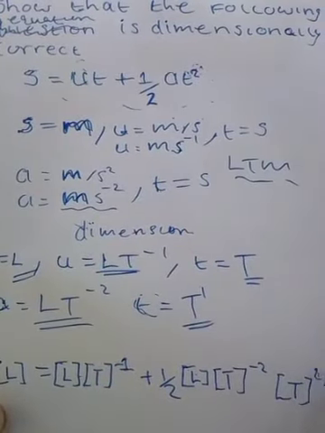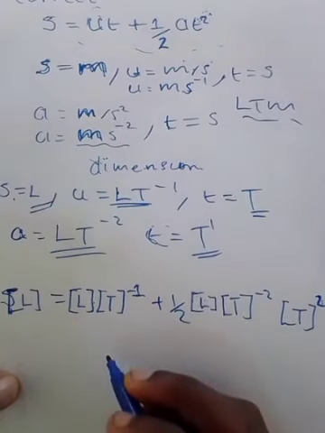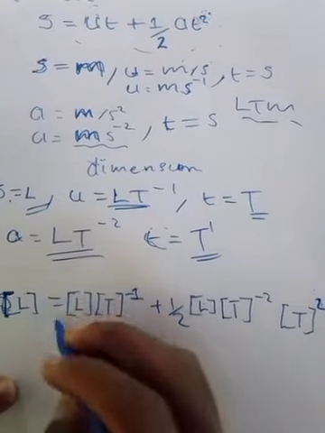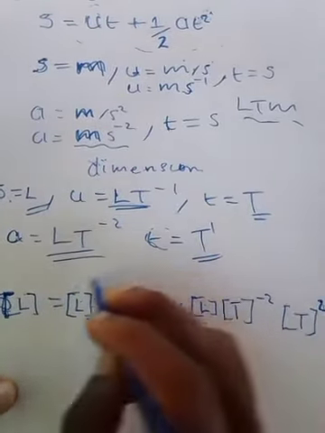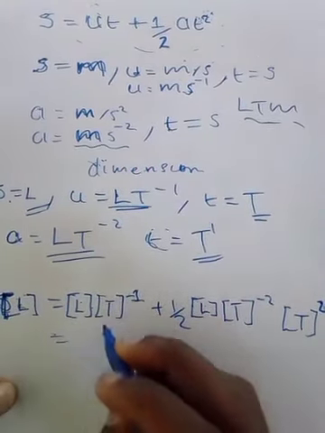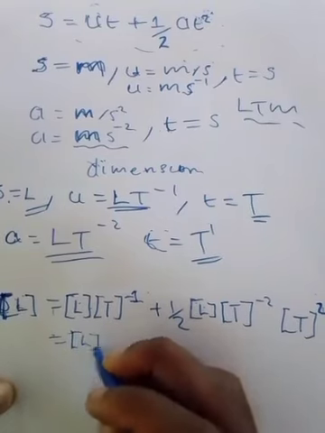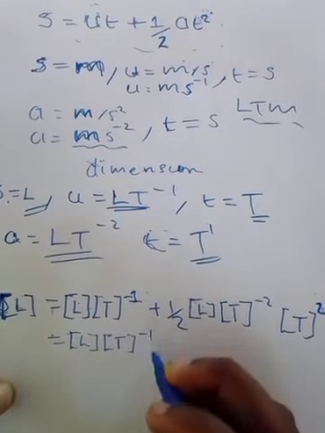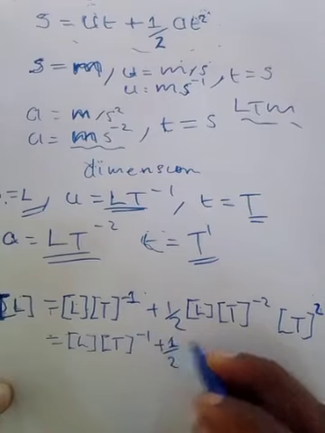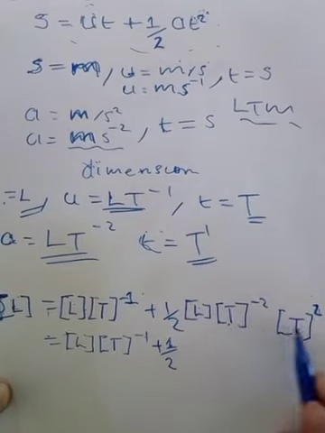Remember, we need to end up with both sides having only one dimension, meaning this side we have to simplify until we end up with a dimension for length. First, this part we can't simplify any further, so you just write it like this. As I said, the constants don't have any effect. Here we have T times T, same base, and when multiplying you add the exponents.